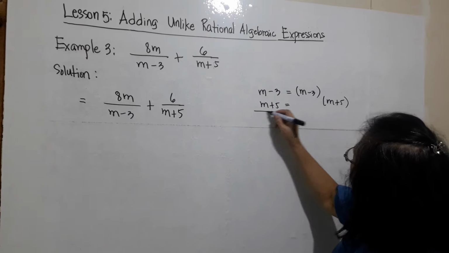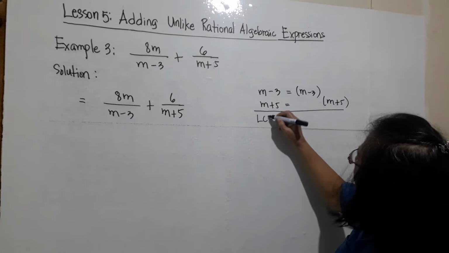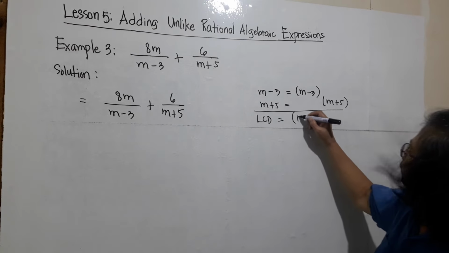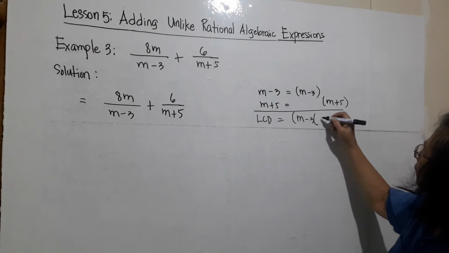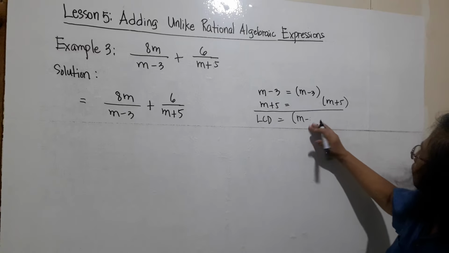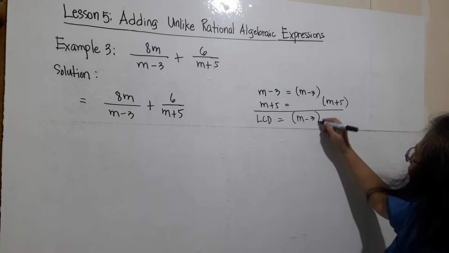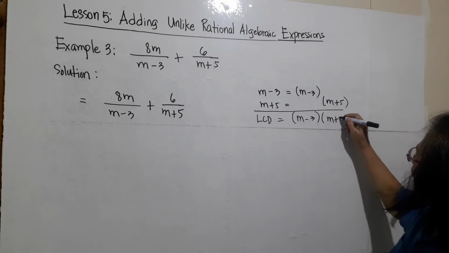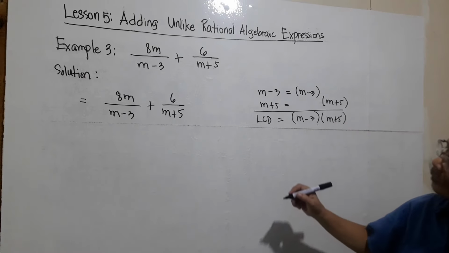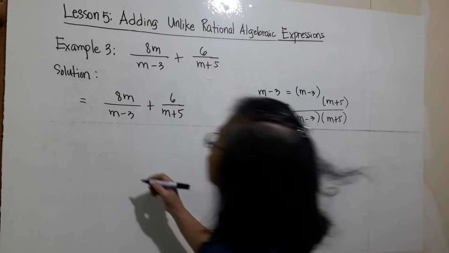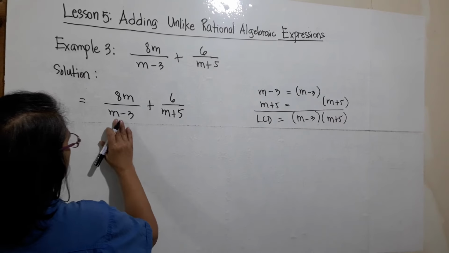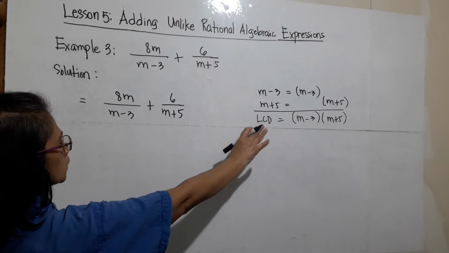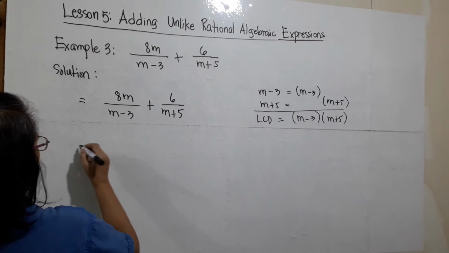Okay? So therefore, we can say that the LCD is m minus 3 times m plus 5. Instead of just writing m minus 3, we will now use m minus 3 times m plus 5.